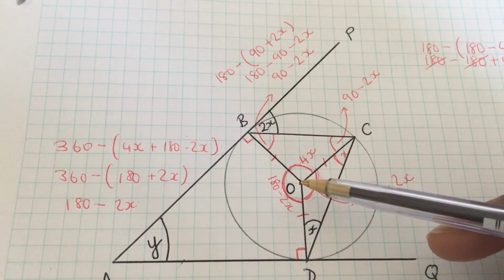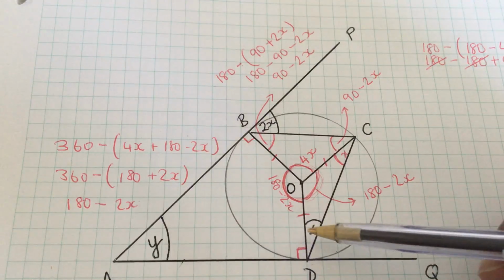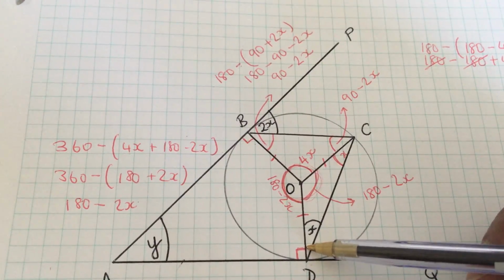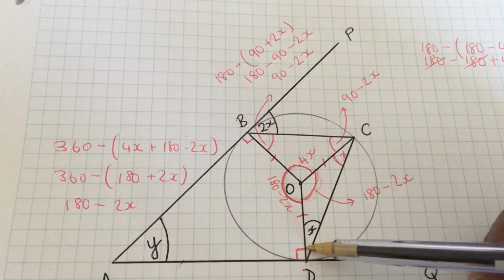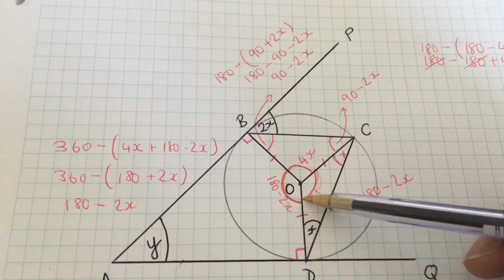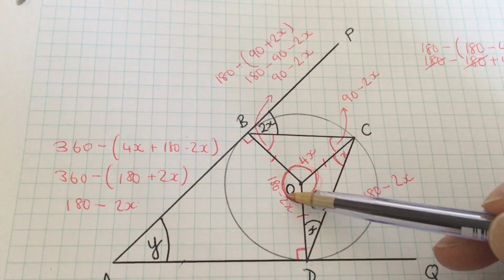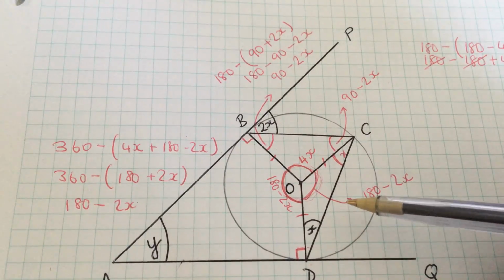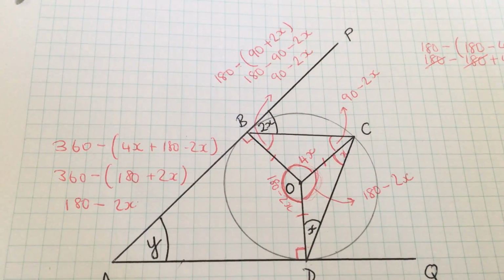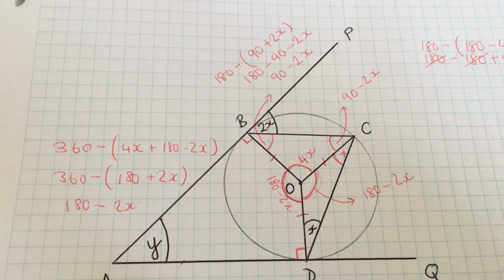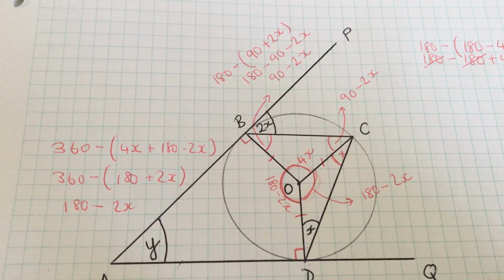Or you'll have to say angle ODA is 90 degrees because tangent meets the radii at 90. Or you may have to say angles around the point is 360, which is why this angle is this. So depending on the question, you can go into that much detail, but this is the overview of a geometric proof.